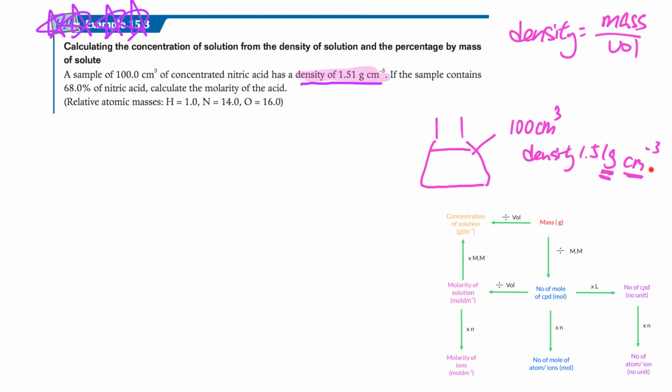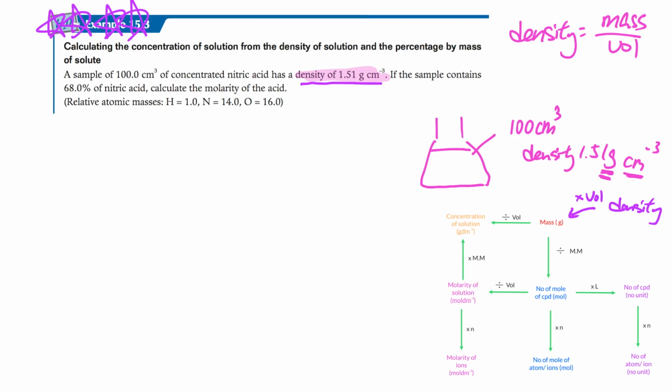So you just times the volume and you get the mass. To modify this three-part diagram, you may write density, and you just need to times volume to find the mass.